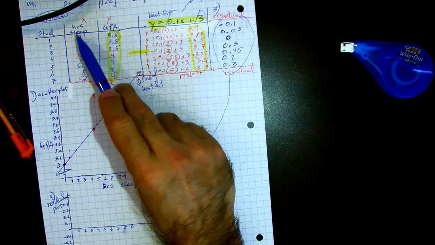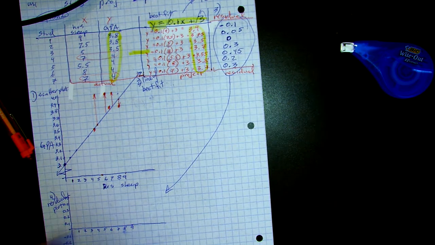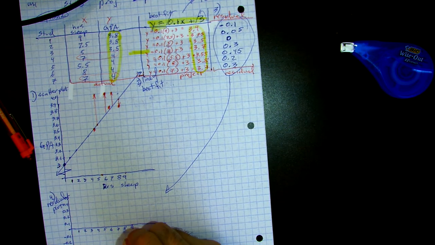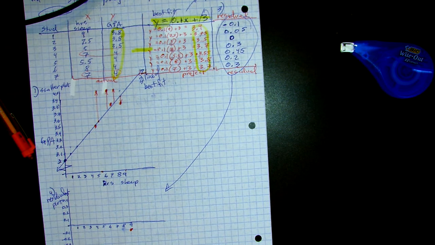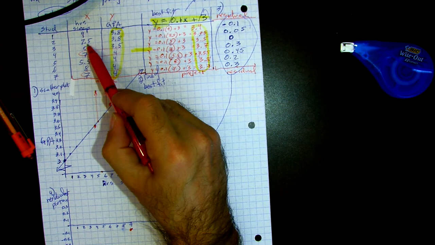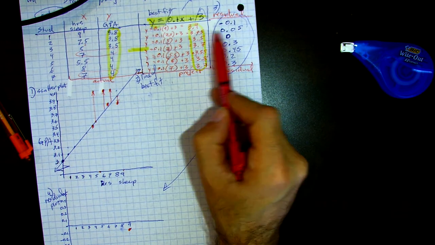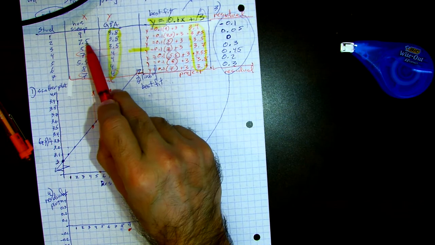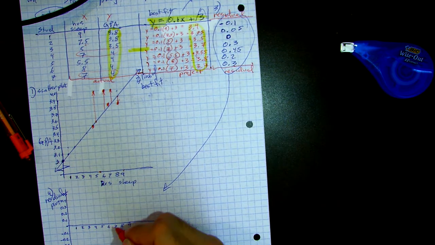So at 9 hours, it should be -0.1. All right. 7.5 hours of sleep, I had a 3.8. I should have had a 3.75. So the residual at 7.5 hours is positive 0.05.